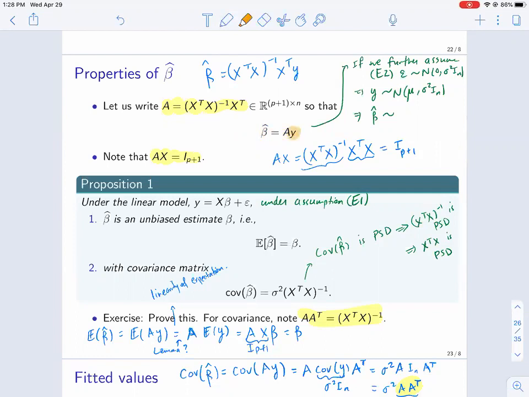So here, Y has multivariate normal distribution, and I'm multiplying it by a matrix. What can I say about the resulting vector? What is the distribution of beta hat? Doesn't ring a bell?